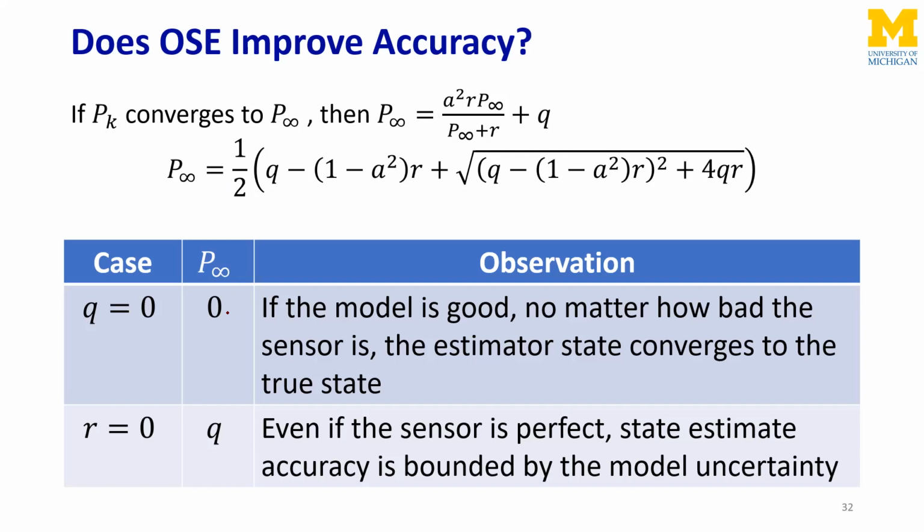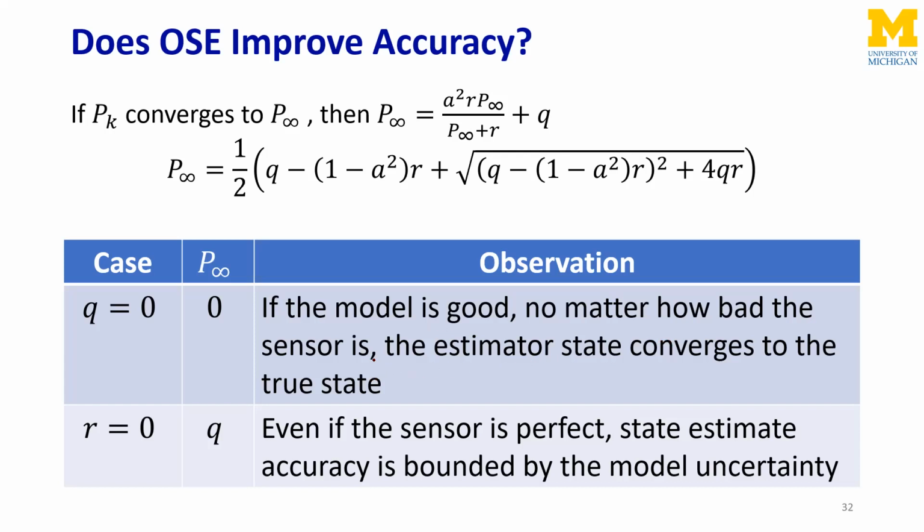So P infinity, the state error covariance, is going to be 0, which means that your state estimate converges exactly to your true state, even if you have sensor error. If your measurements have error, but your model is perfect, no matter how bad your sensor is, the estimator state converges to the true state.